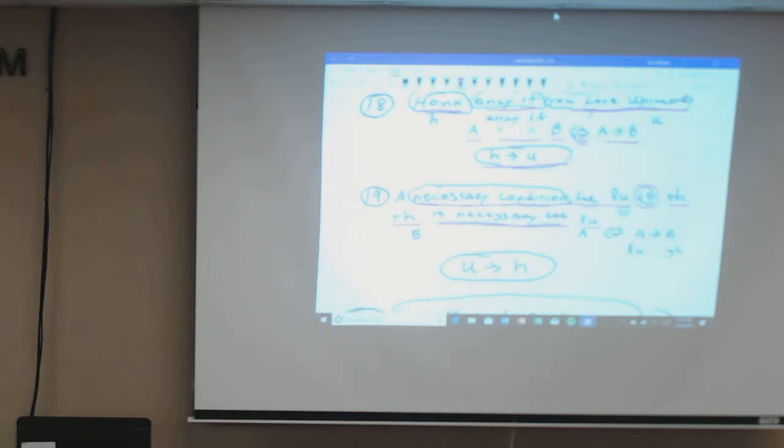Why I'm rearranging it like that? And back at the chart with A and B, B is necessary for A is equivalent to if A then B. Necessary flips them over. So what's A? Loving ultimate. So if you love ultimate, then you honk. That would be if U, then H.